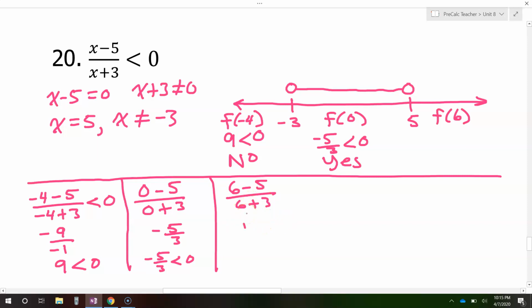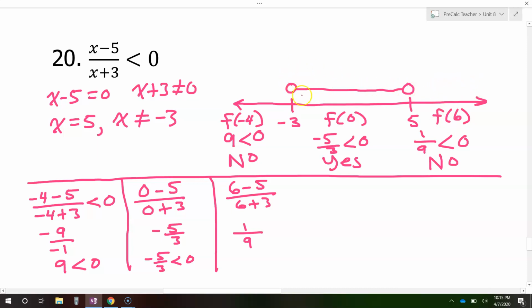So that's going to be 1 over 9. All right, so the question though is, is it less than 0? Is 1 over 9 less than 0? No, that is a positive number. It is not less than 0.